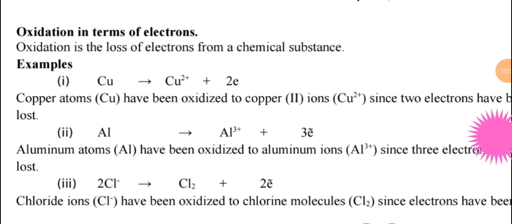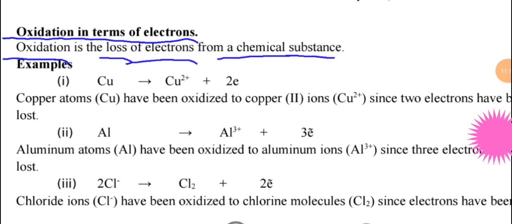Now, how do we define oxidation in terms of electrons? Oxidation is the loss of electrons from a chemical substance. So when a chemical substance, for example an atom or an element, is losing electrons, we say that that chemical substance has been oxidized.